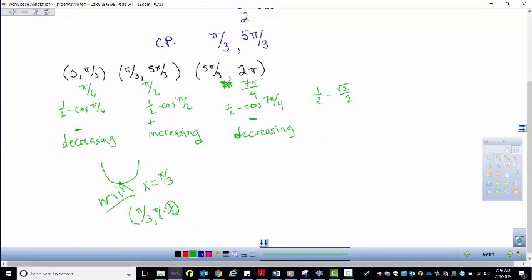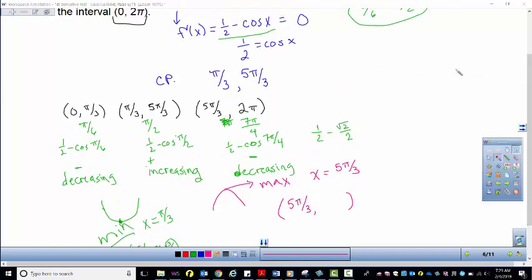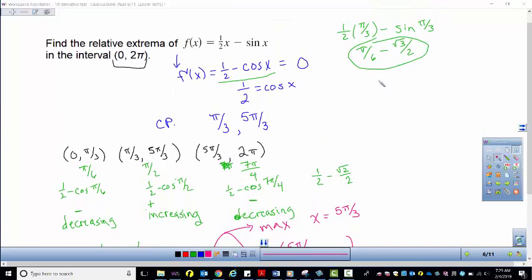All right, so then the next one, I go from increasing to decreasing, so that means right here is a maximum when x is 5 pi over 3. So my x value is 5 pi over 3. And then to get my y value, I go back up to my function, my original function. I'd get 1/2 times 5 pi over 3 minus the sine of 5 pi over 3.